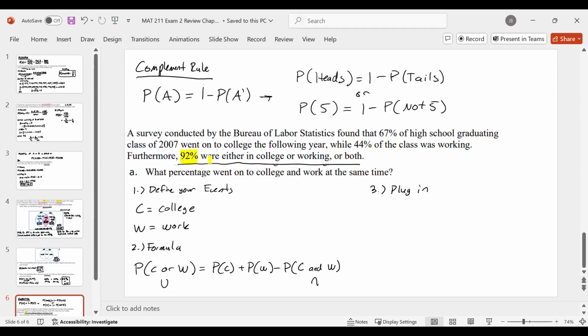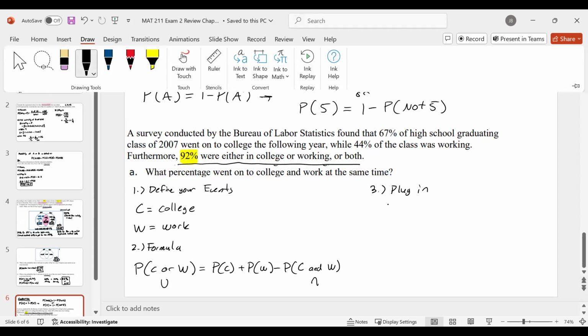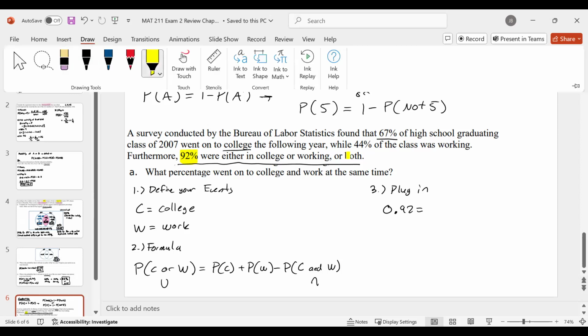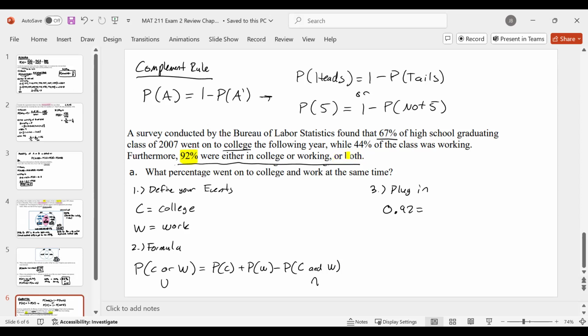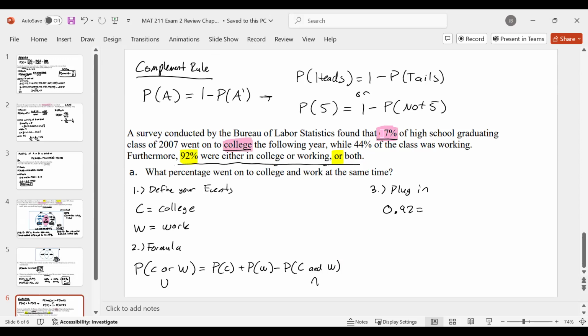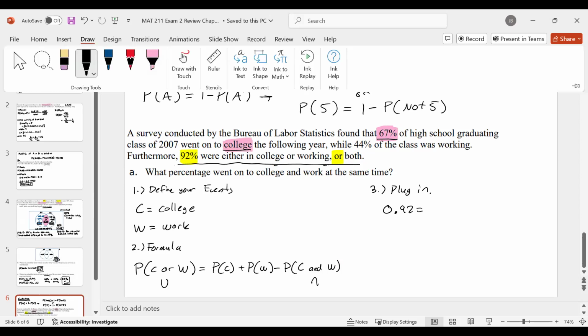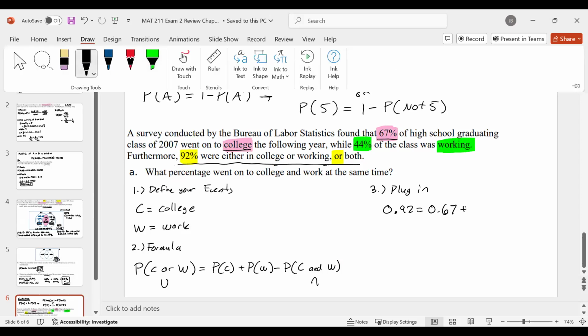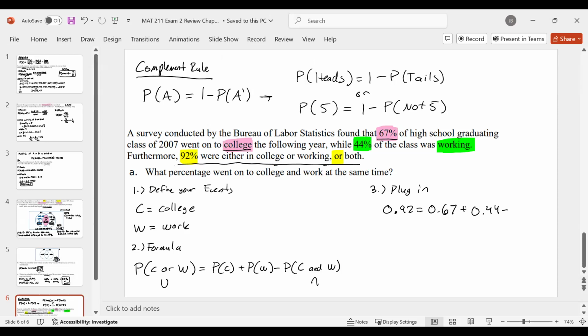So 0.92 equals the probability of college, 67%, so 0.67, plus 44% were working, so 0.44, minus the probability of college and work.